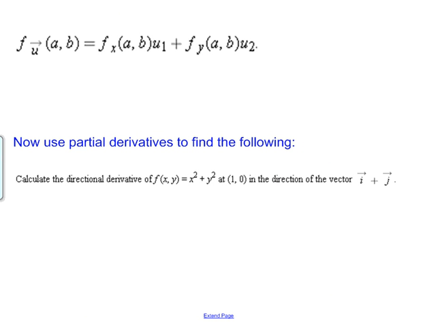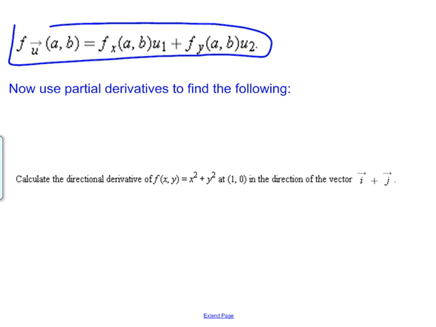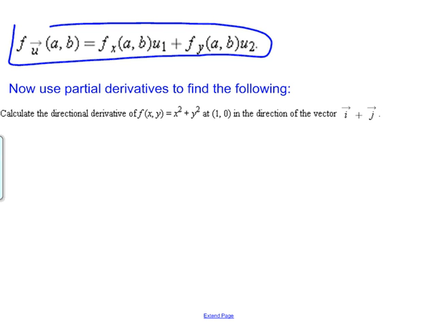Given this new equation for directional derivatives, let's solve the same question. Well, we know that f partial x is 2x and f partial y is 2y. So at the point a, b, or 1, 0, this equals 2, and this is equal to 0.